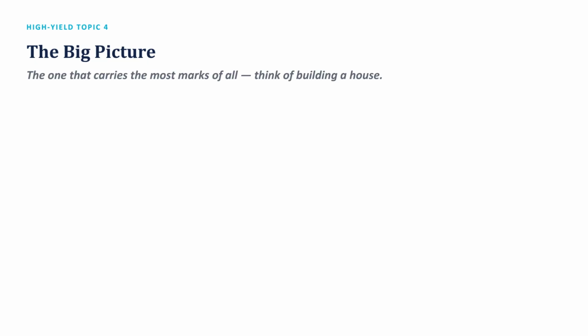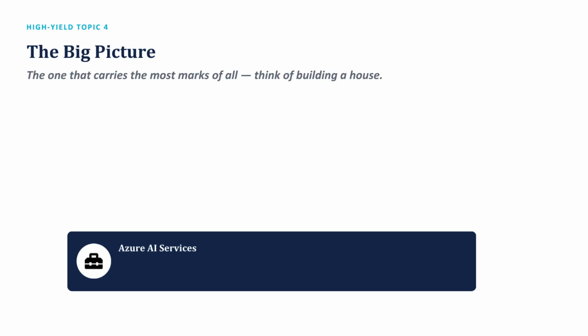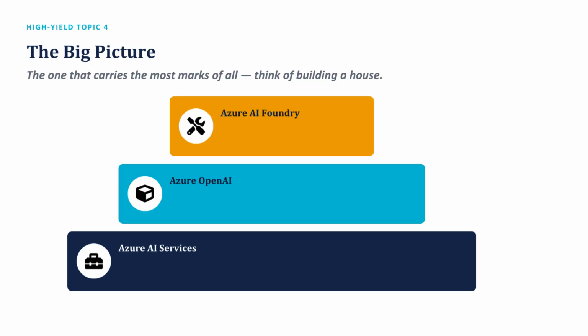The fourth topic is the Azure AI platform, the complete platform. This is one of the most important topics in the AI 901 exam. You need to understand the clear difference between Azure AI Services, Azure OpenAI, and Azure AI Foundry. Think of it like building a house. Azure AI services are your individual tools. Each one does a specific job, like vision or speech.